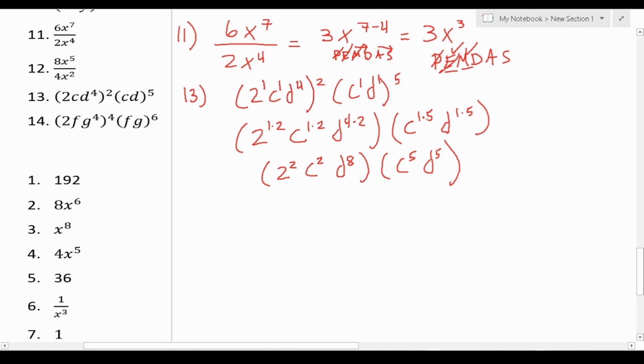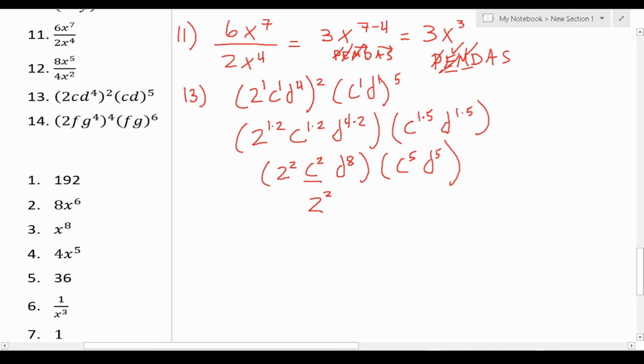Now, in order to do this multiplication between these variables here, we're going to have to make use of the product rule, which again says if the bases are the same and you're multiplying it by something with another base, you simply add the exponents. As we can see, there's nothing by which we're multiplying 2, so that's just going to be 2 squared.